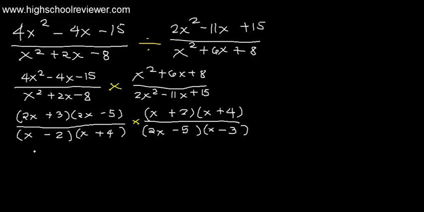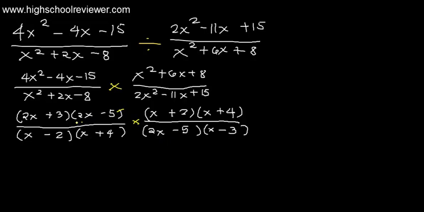Okay. And then we can cancel terms that are the same on the numerator and the denominator before proceeding to multiplication. Okay, let's see. We have here the quantity of 2x minus 5, and we also have here the quantity of 2x minus 5.